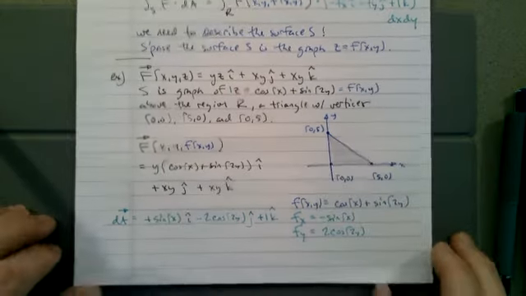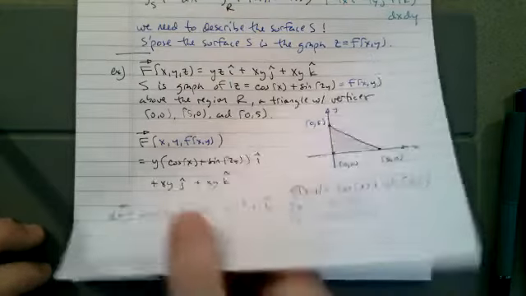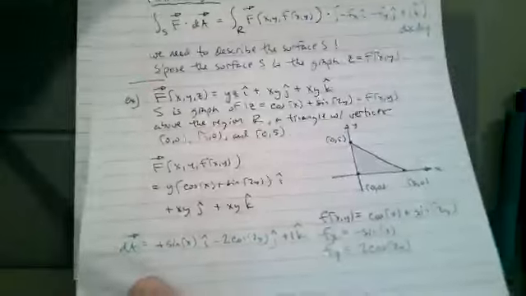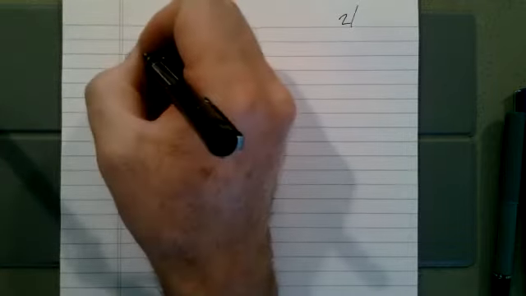And we also run out of space. I started writing this problem and thought there's no way it'll fit on this bottom half of the piece of paper. And yet here we are. I did it anyway. So now I need to set up a double integral.